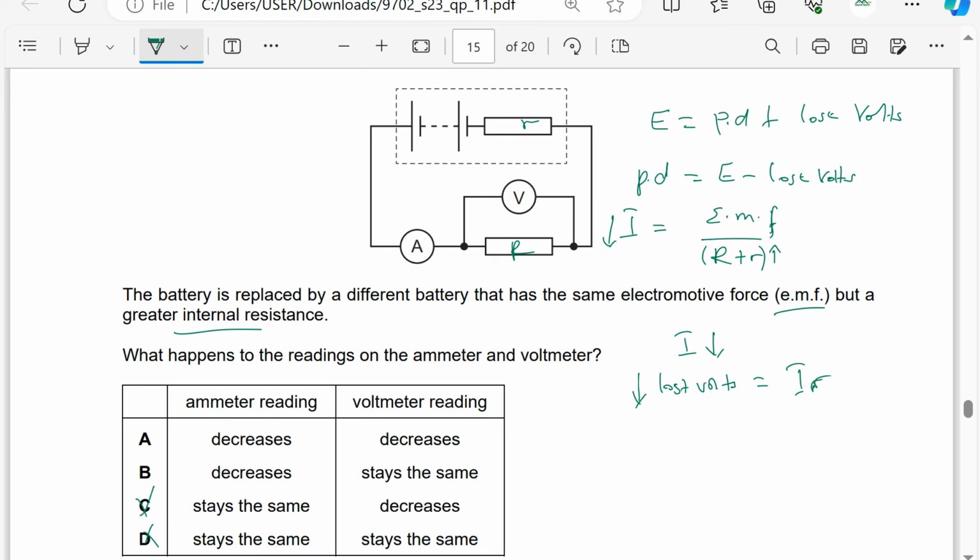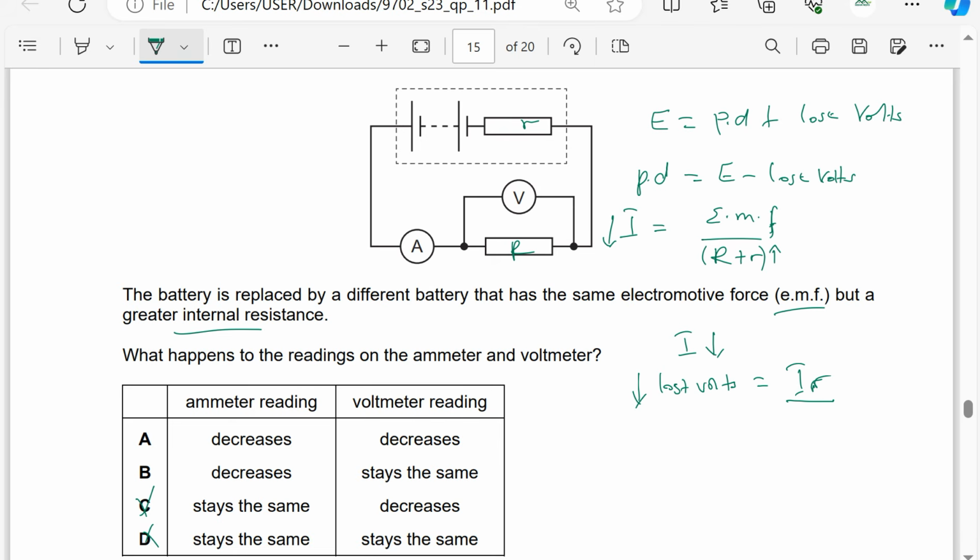Remember V, so the current has decreased. Internal resistance increases, total resistance increases, the current decreases.